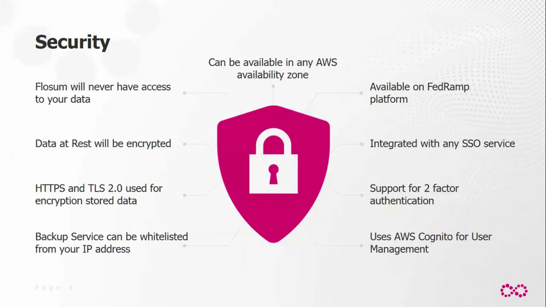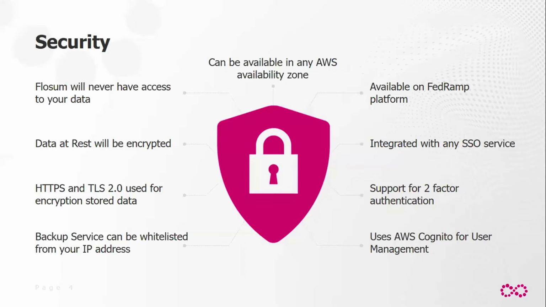Your data is encrypted at rest. Various protocols can be used to encrypt your stored data. We can enable whitelisting on the backup site so that only certain IP addresses can get in, and the geographical location of where your data resides can be determined with availability zones. The platform can be FedRAMP enabled.